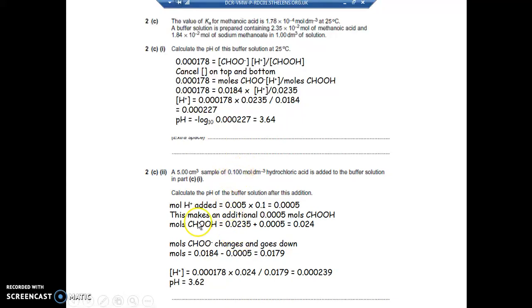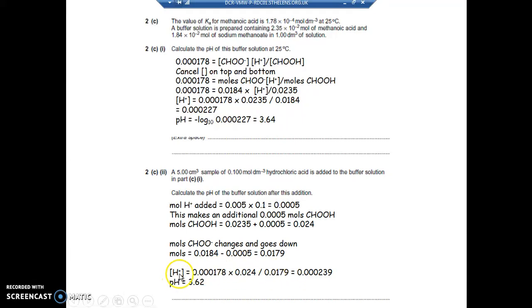So when I add an acid, it brings the acid number of moles up, this value up by the number of moles, and it takes this value down by the same amount. So I see what I had before, and I change these two values. This value, my acid, goes up by however many moles it is, and the other one goes down by however many moles it is, and I recalculate this calculation here based on that, and my H plus concentration changes and my pH changes.